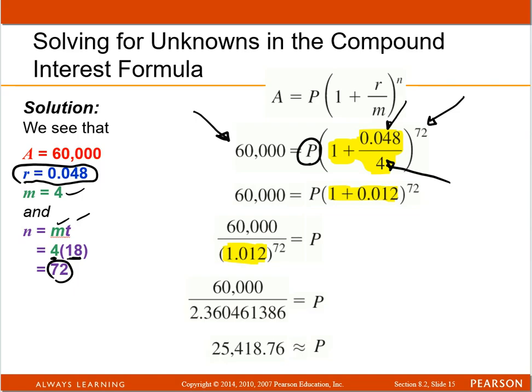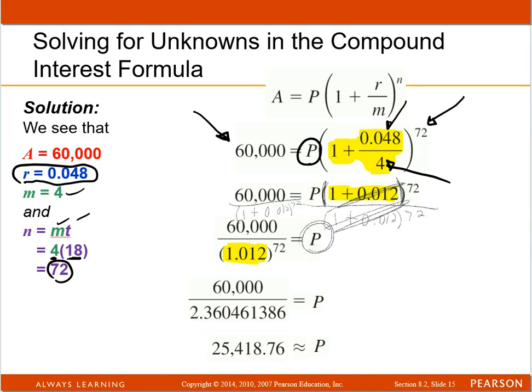Since it's P times all this stuff in parentheses, you would divide by all that stuff in parentheses raised to the 72nd power on both sides. What you do to one side, you have to do to the other. So you divide this also by that, because that cancels that and you're just left with P.